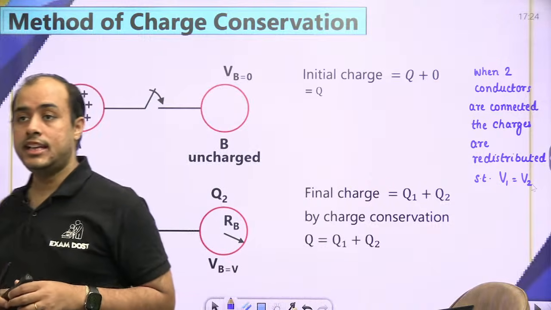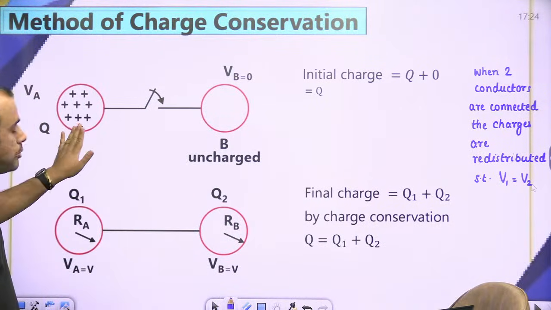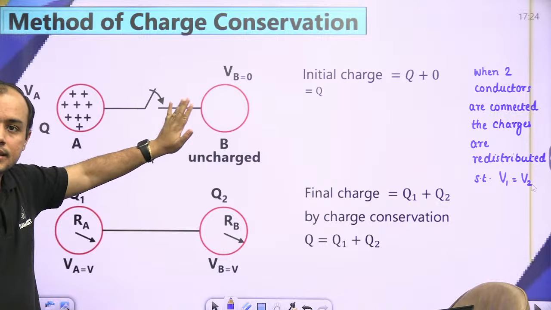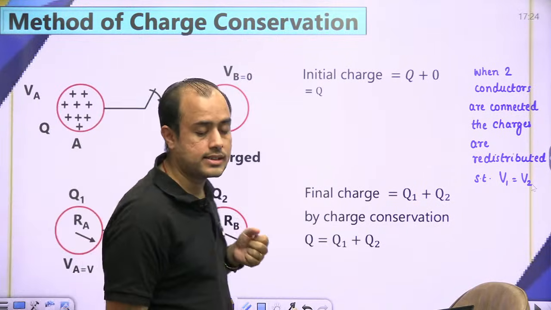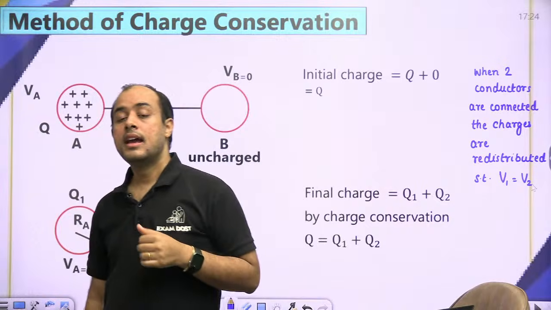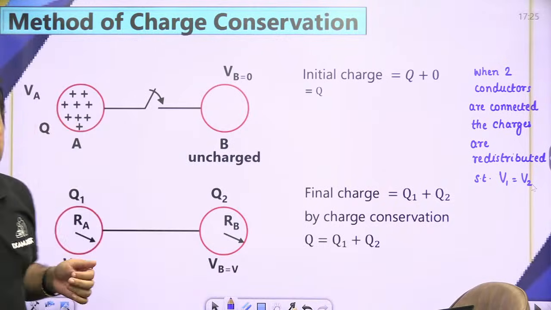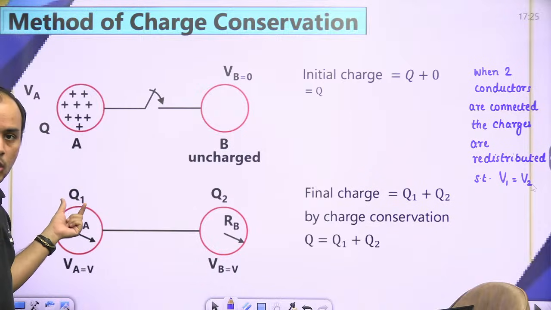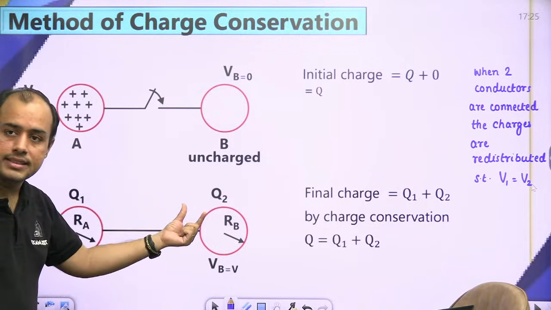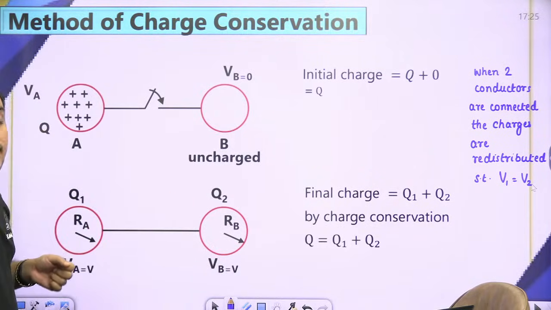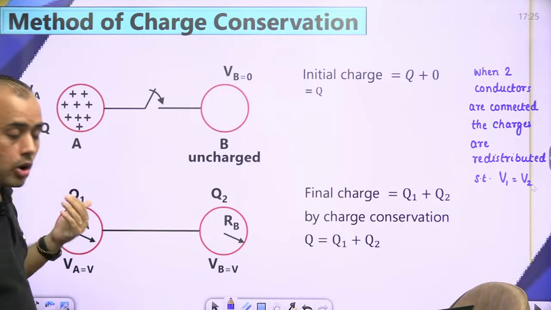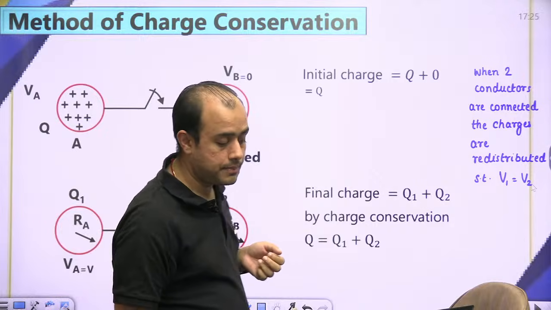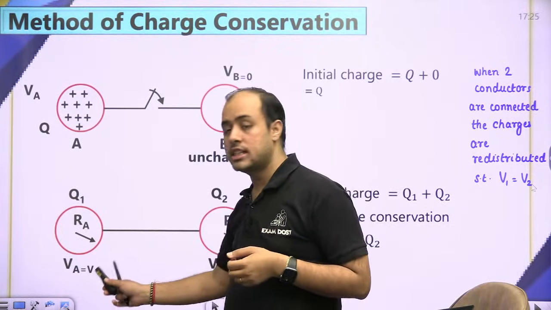So see, initially beta, the first body had a charge Q, the second body was at zero charge. So the total charge was Q plus 0. After connecting them, the charge on the first body became Q1, on the second it became Q2. Now Q1 plus Q2 should be equal to Q because of the charge conservation, and now their potential should be same.